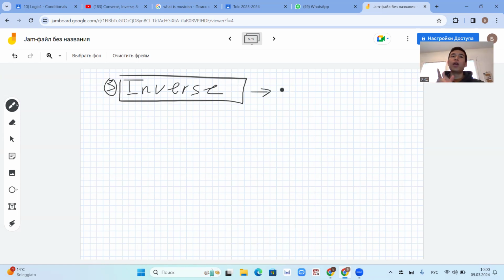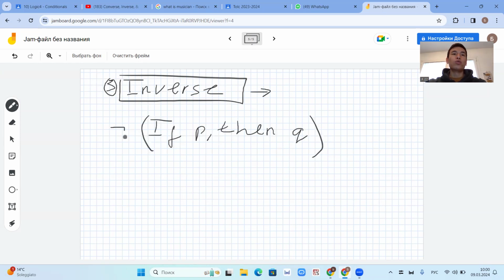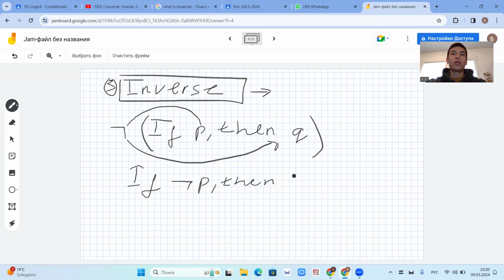Yeah, it was negation of the conditional statement. If the conditional statement was if P then Q, inverse is just the negation of both. It will be if not P, then not Q.